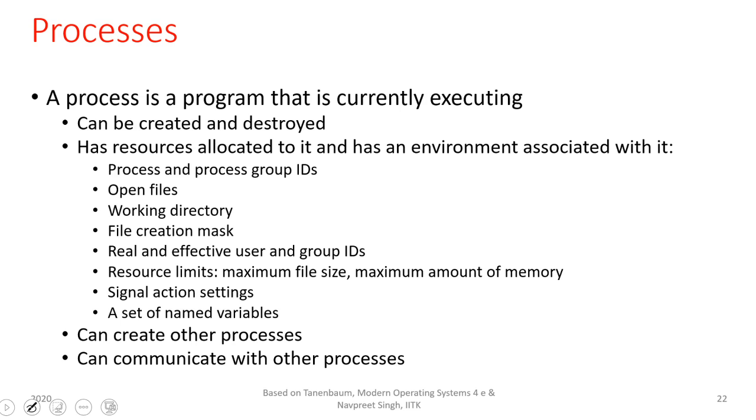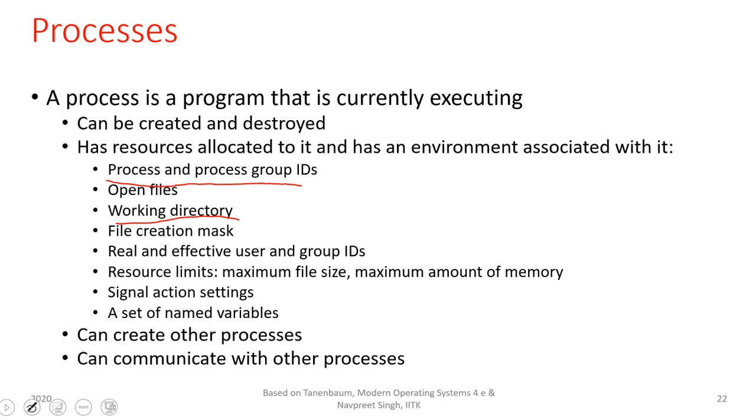Then when we consider the concept of processes in a Linux operating system, again, a lot of the concepts that we discussed when we were discussing processes and scheduling have various implementations. Processes can be associated with users or groups. Processes have the ability to open files.